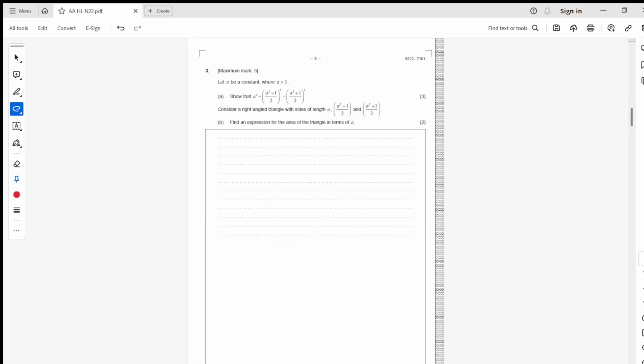The next question asks us to show this equality. So first of all, let's open the brackets, and I want to put 1 over 4 to the front, so this 2 to the front is 2 squared, which is 4.